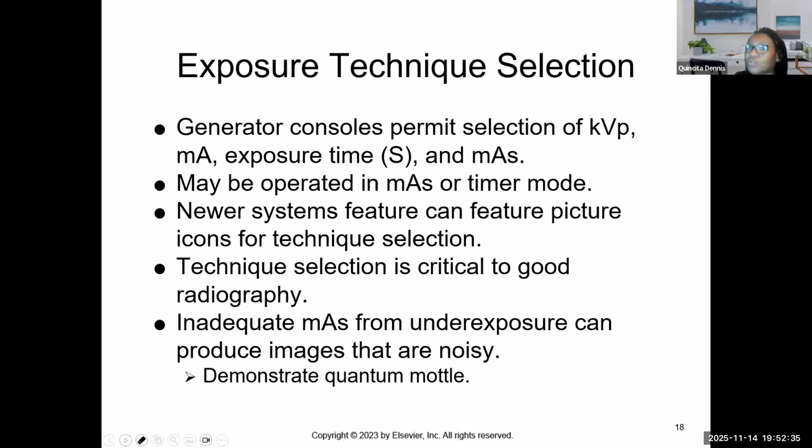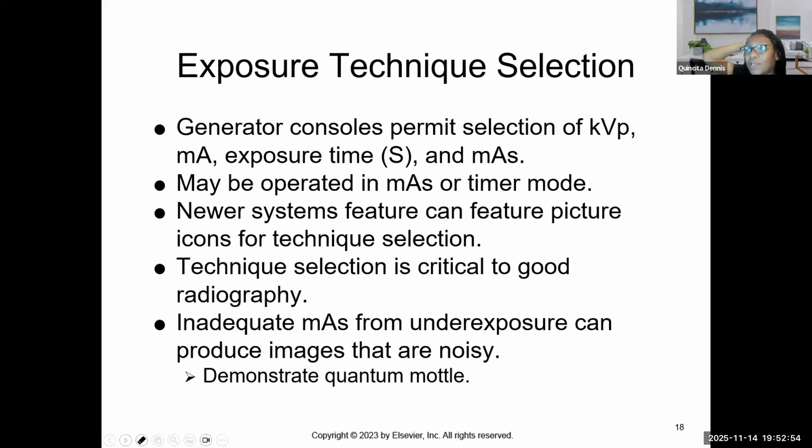So the next time you go to your simulator, you'll be able to see that you can change just the mA, and when you change the mA, you'll see that the mAs number changes, or you can change just the seconds, and the mAs number changes as well.